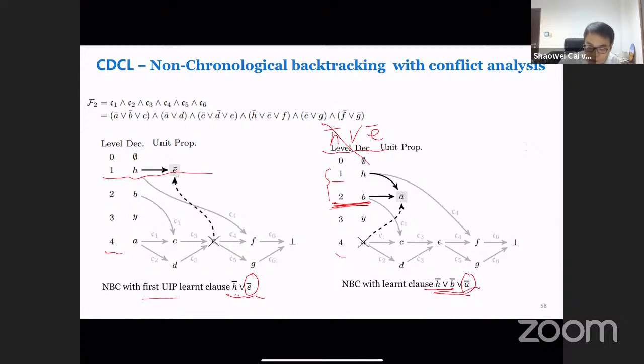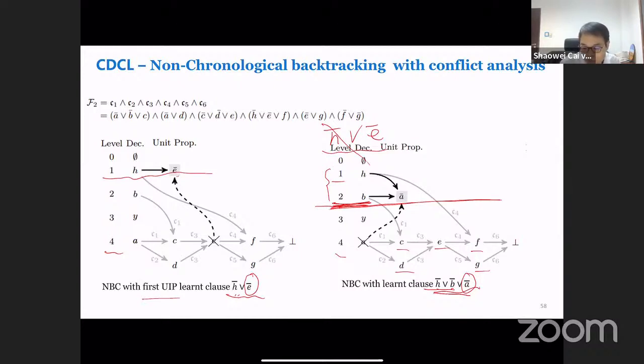When we backtrack to level 2, we undo all these variables, because they are assigned after level 2. All the levels after this, related to this conflict, will be undone.